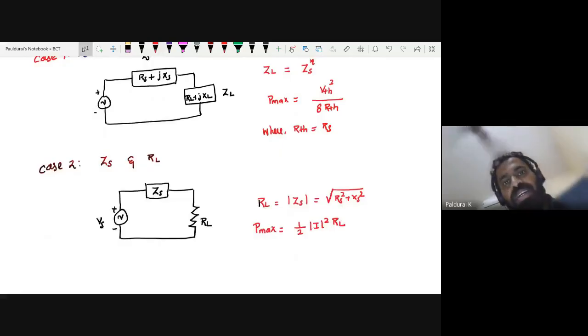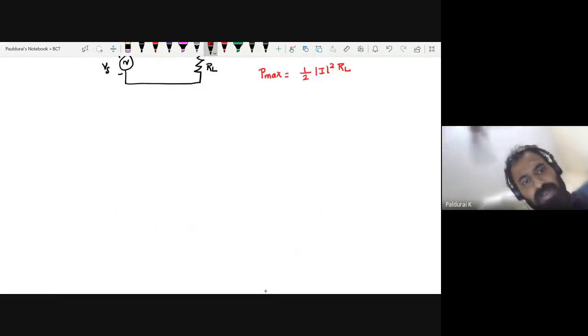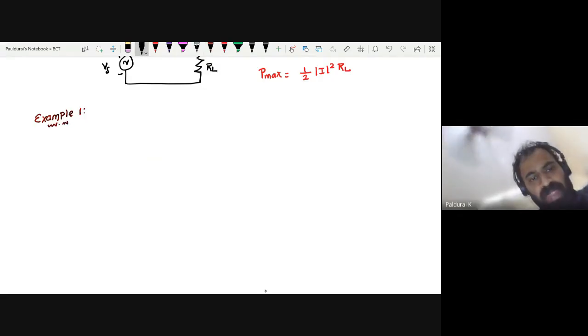So these are all the conditions we discussed in the last class. Now take one problem. Example 1. Take the circuit diagram. AC voltage source, the value is 10 at an angle of 0.